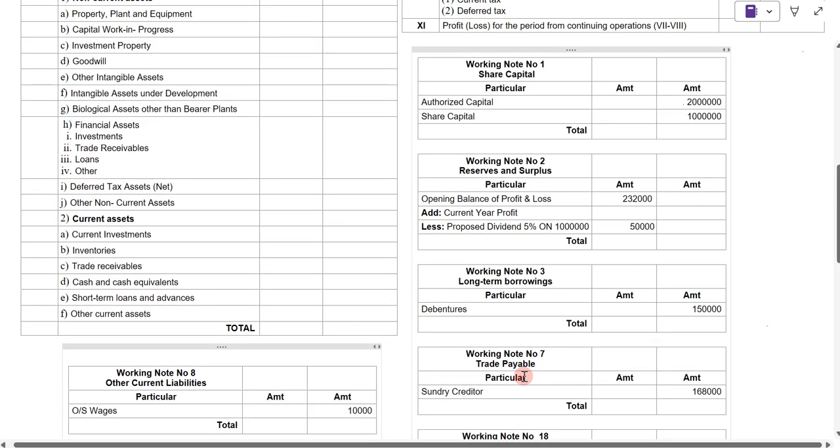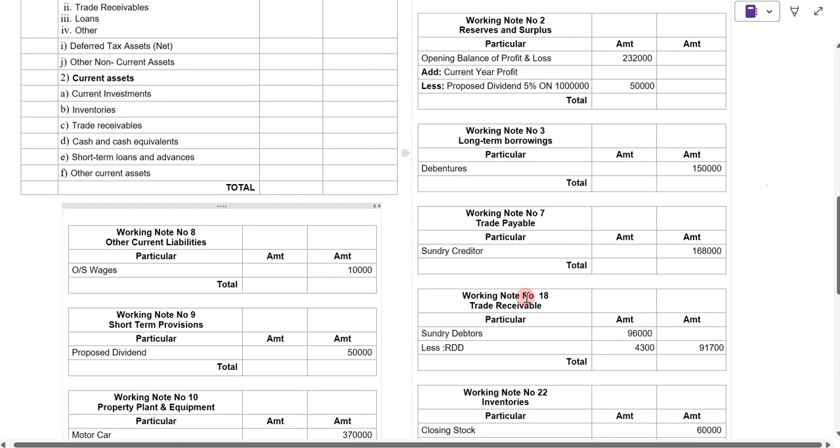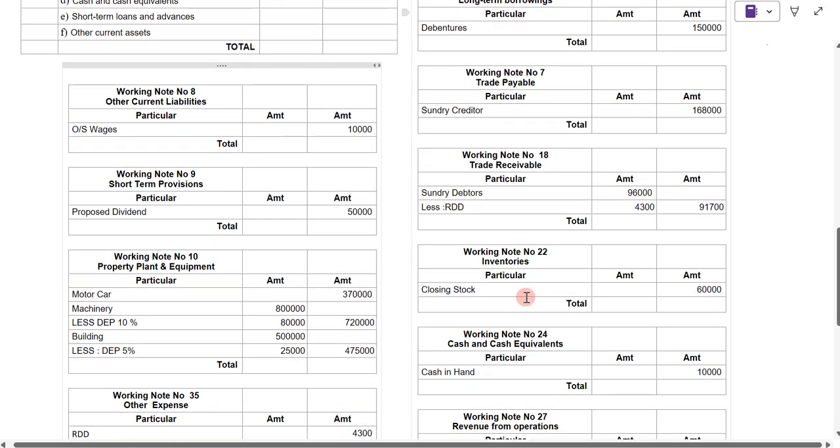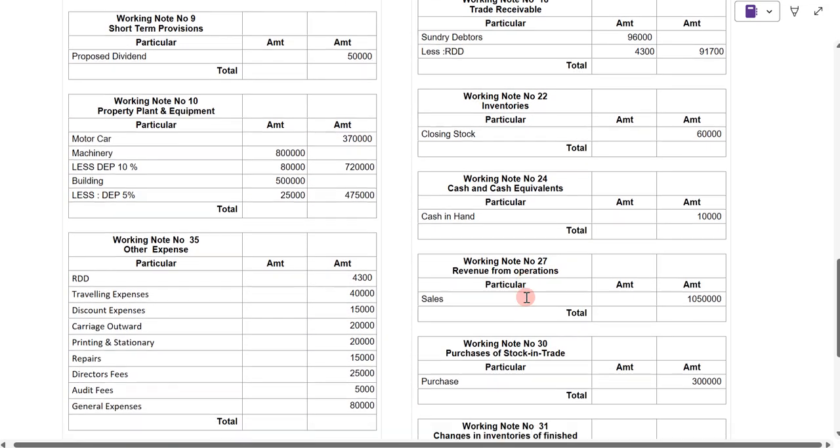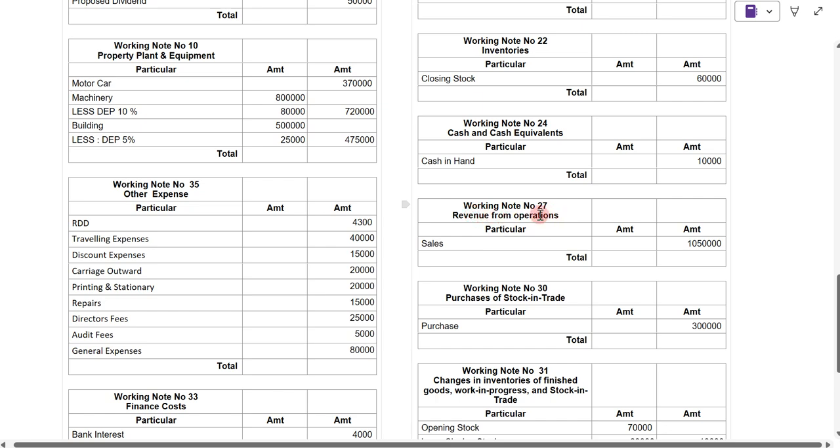Now we will close the accounts of the working notes. First we'll close the accounts of the profit and loss account, which is starting from note 27. So first close the account of revenue from operation. The balance is how much? 10 lakh 50,000.